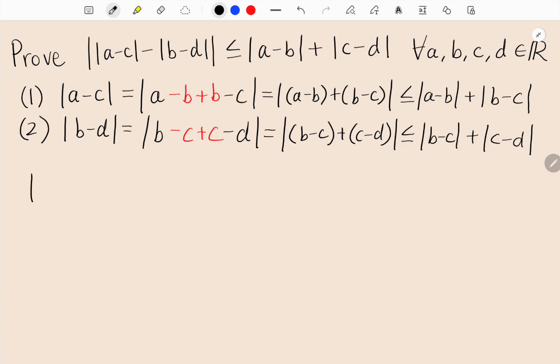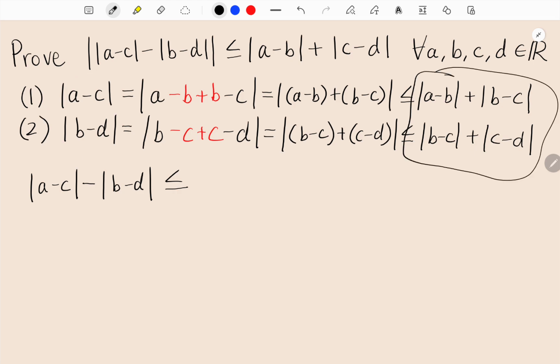So we have the absolute value of a minus c minus the absolute value of b minus d, and this is going to be less than or equal to, since these two on the left side are less than or equal to these two on the right side, the difference of the larger ones. Or they're equal if the right-hand side is equal to the left-hand side.